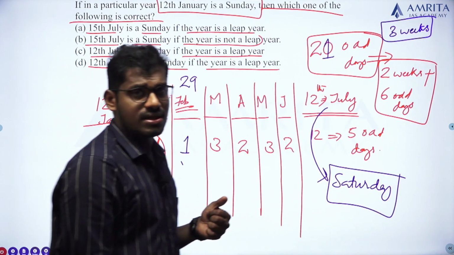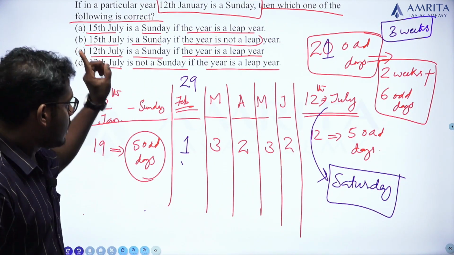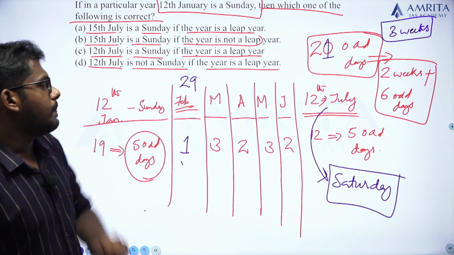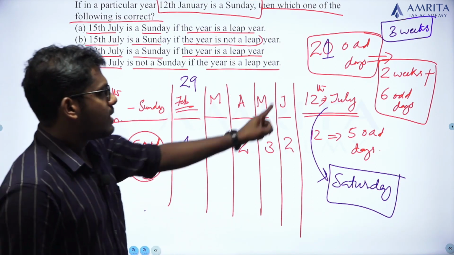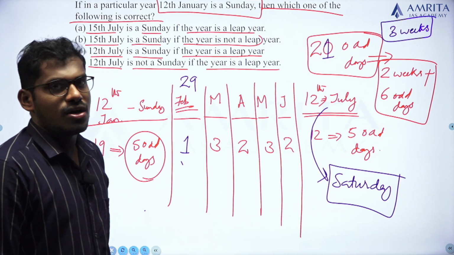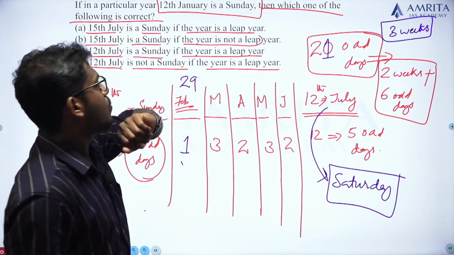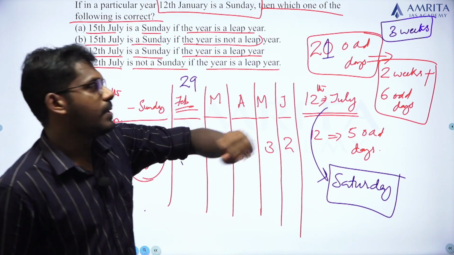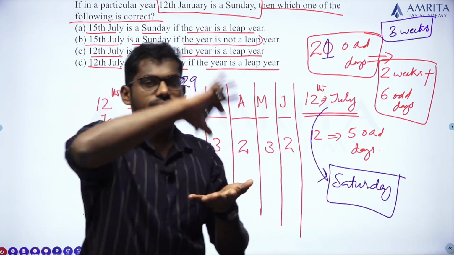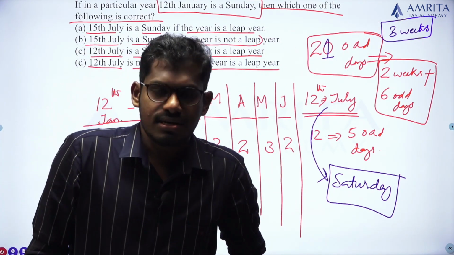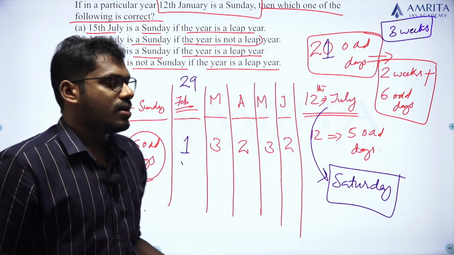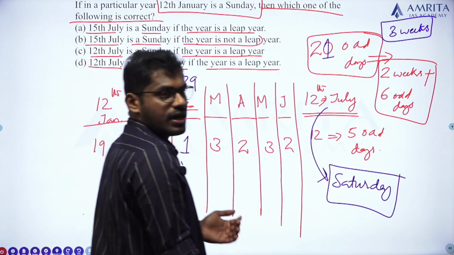3 complete weeks, which means that if the year is a leap year, then 12th July will fall on the same day as 12th January. Why? Because it completes a week. It doesn't have any odd day.